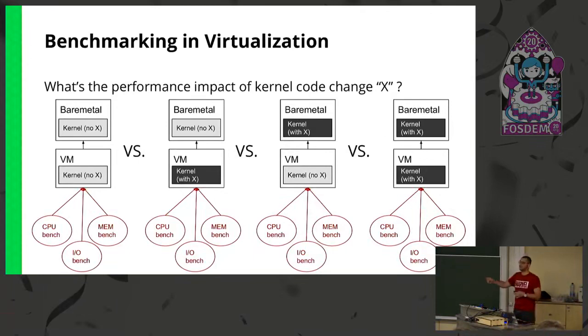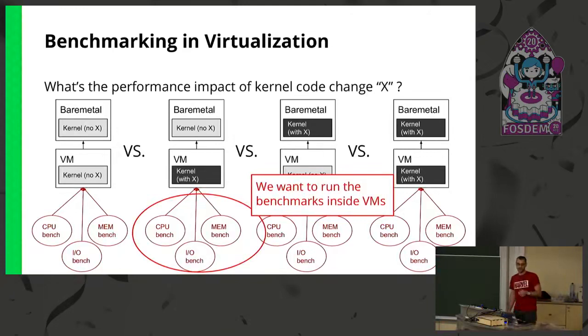And you have to run the same benchmarks in all these cases and figure it out. Of course, this depends on your use case and on the workload that you are interested in, but in general it could be like this. Also, one of the other differences is that in this case the benchmarks still run, but they run inside the virtual machines. Quite obvious, but let me just point it out.